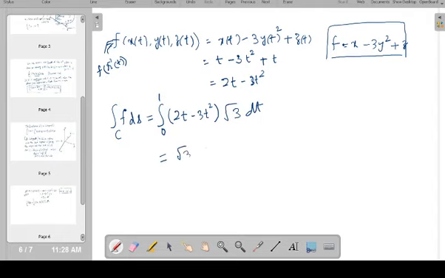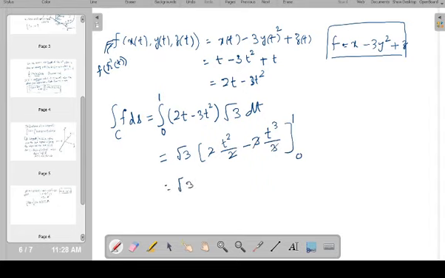So it is root 3 times 2 into t square by 2 minus 3 into t cube by 3, between the limits 0 to 1. 2 cancels, 3 cancels.